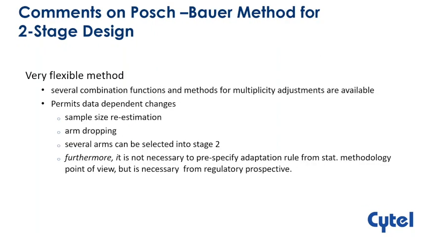This approach is very flexible. Several functions and methods for multiplicity adjustments are available, and they permit data-dependent changes to adapt sample size, to drop arms, and you can take several arms to the second stage.